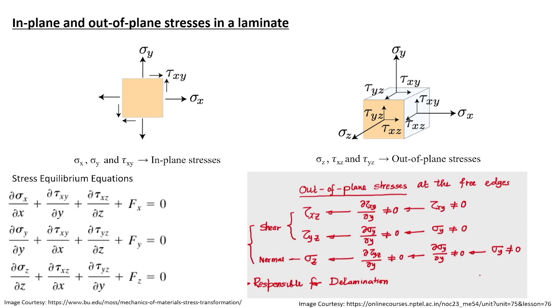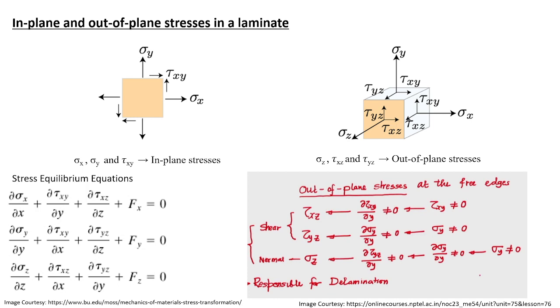So, till now we only studied the in-plane stresses. In-plane stresses, that is when we consider a plane which has negligible thickness in the z direction. There we didn't consider its properties in the z direction, considering that each lamina is very thin-walled, and we only considered the stresses in the x and y direction, which are called the in-plane stresses.